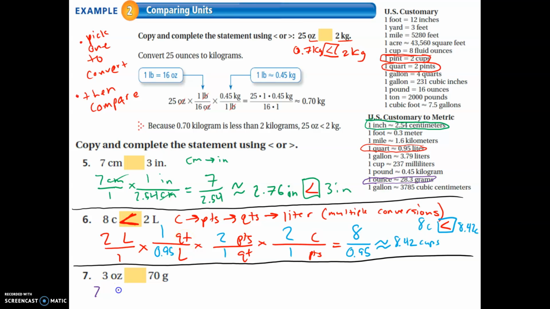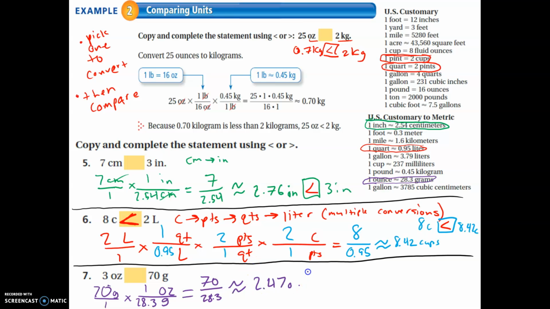All right, so 70 grams over 1 times ounces over grams. Now we plug in our conversion factor, 1 ounce, 28.3 grams. It's going to be 70 over 28.3.